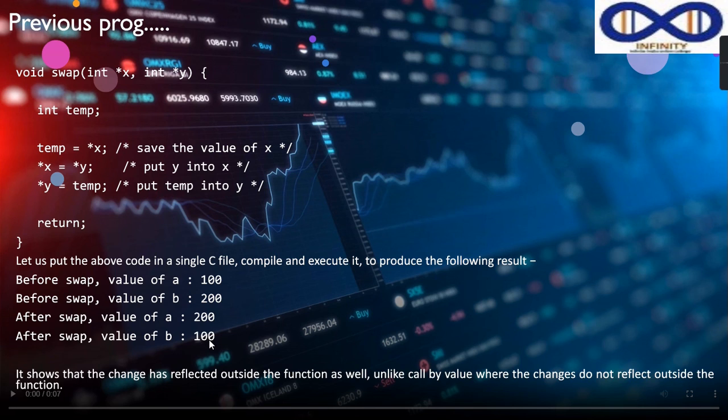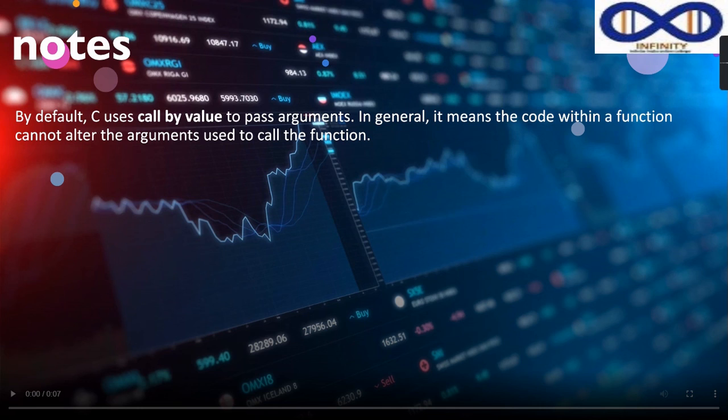It shows that the change has been reflected outside the function as well, unlike call by value, where the change does not reflect outside the function. So here are the important notes. By default, C uses call by value to pass arguments. In general, it means the code within a function cannot alter the arguments used to call the function.